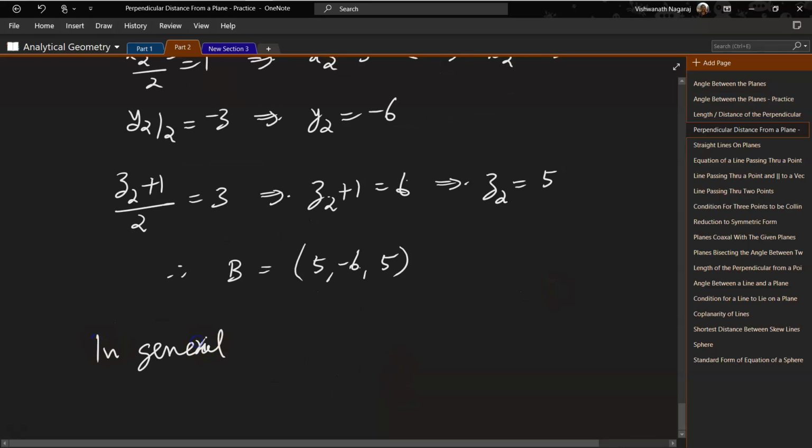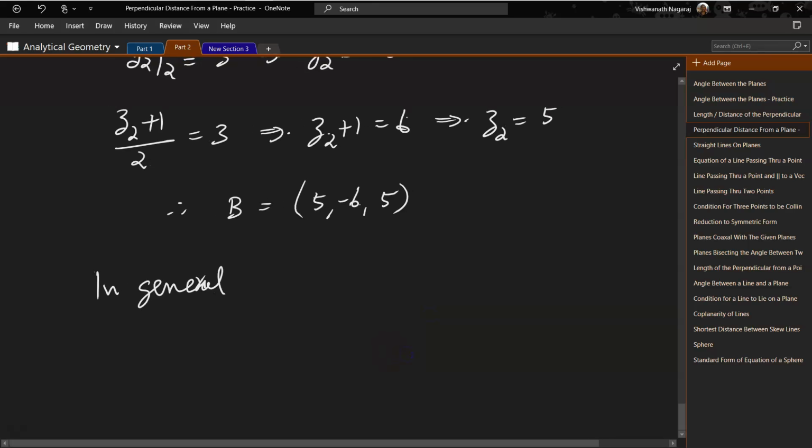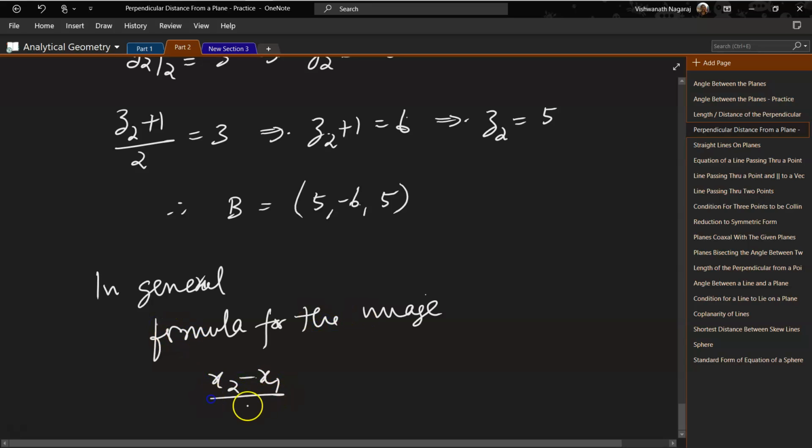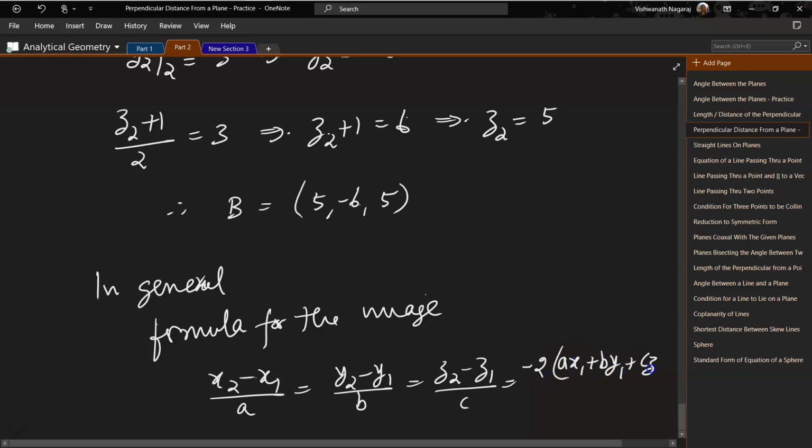In general, if we have to figure out the image, the formula for the image is (x2 minus x1) by a is equal to (y2 minus y1) by b is equal to (z2 minus z1) by c is equal to minus 2 (ax1 plus by1 plus cz1 plus d) divided by (a square plus b square plus c square).